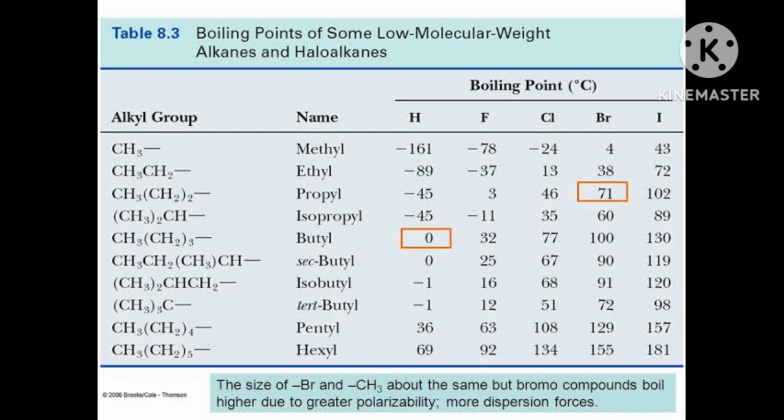Now CCl4. Here 4 chlorines are attached to the carbon, no hydrogen, all chlorine atoms. And now its density is highest, 1.595. See how it has increased with the number of chlorine atoms.